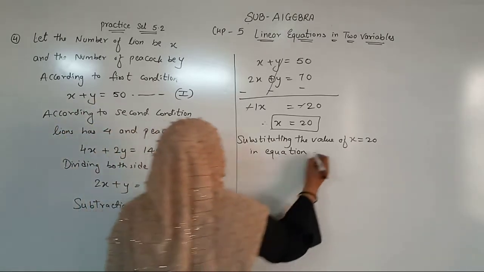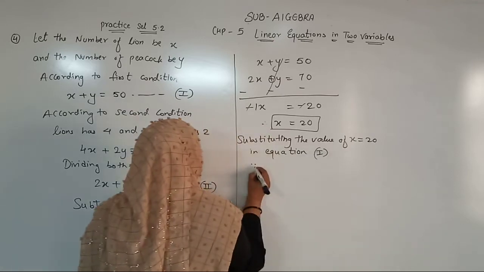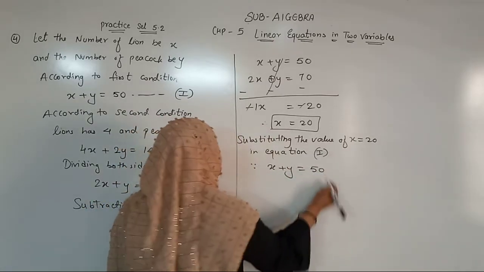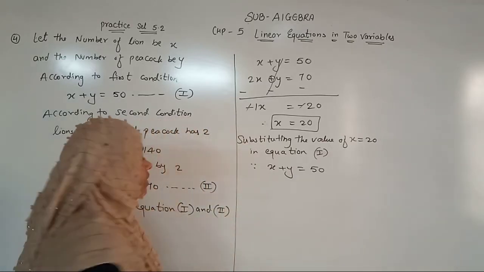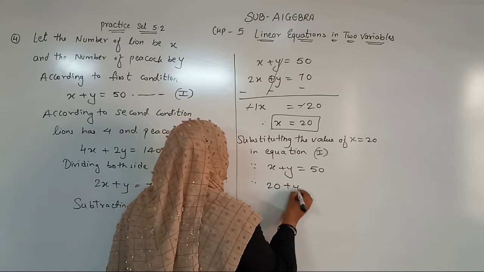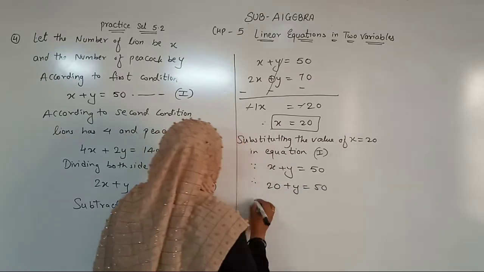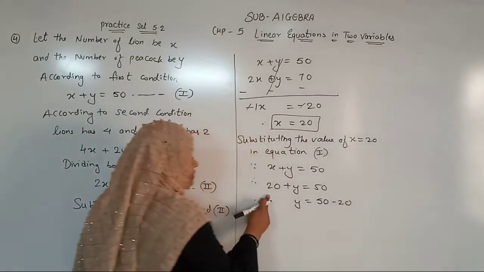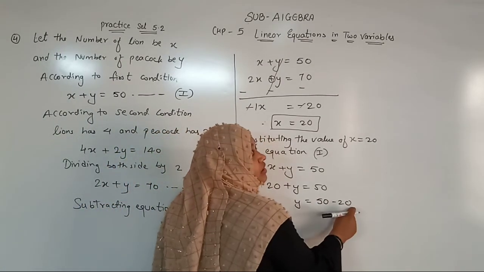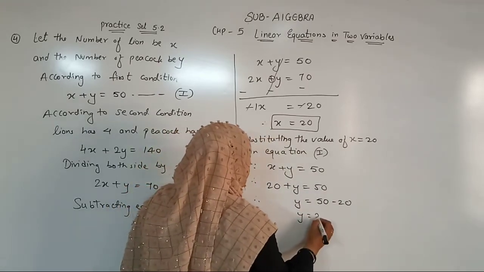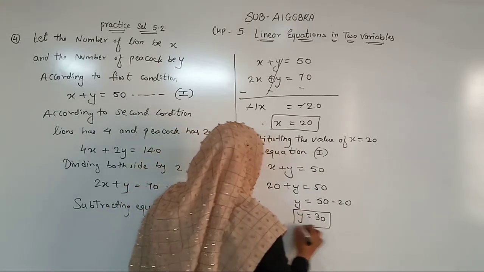So what is my equation number 1? X plus y equals 50. Now students, instead of x I will put 20. So y is equal to 50 minus 20, because plus is positive, I take it to the right hand side and it becomes negative. So I got 30. Done?